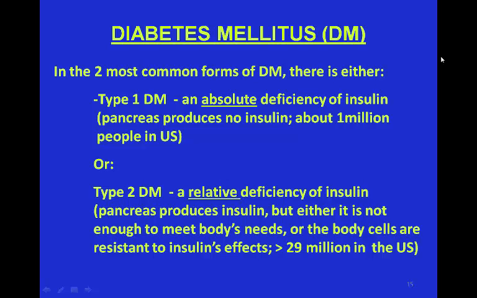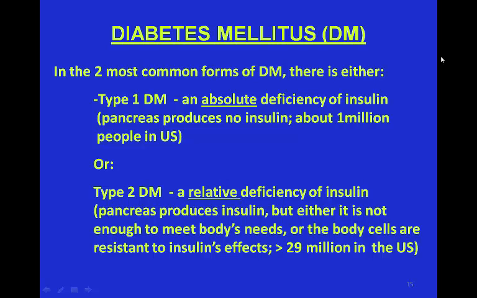The pancreas makes no insulin. This affects about 1 million people in the U.S. In type 2 diabetes, there's insulin available, but it's just not enough. So we say that's a relative deficiency of insulin. There's insulin there, it's just not enough to meet the body's needs.